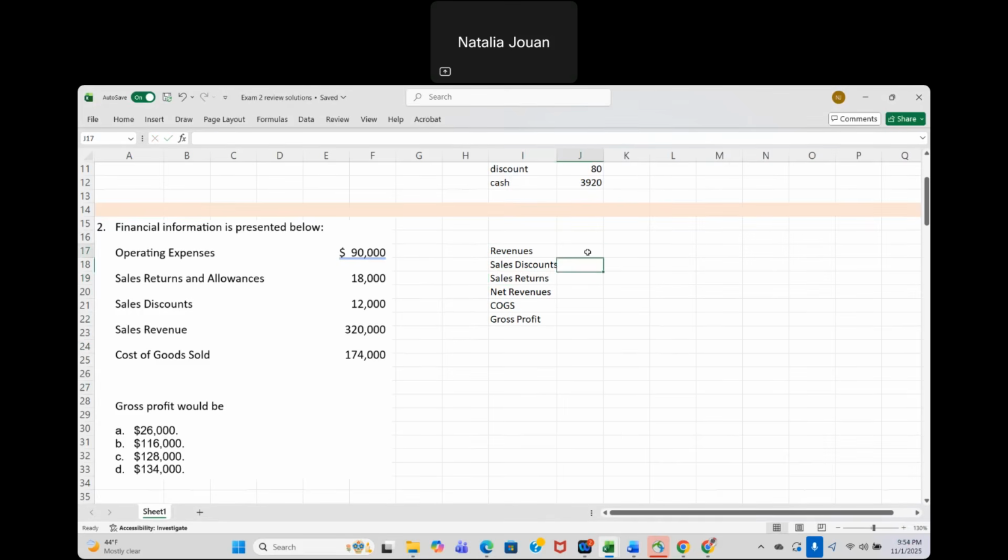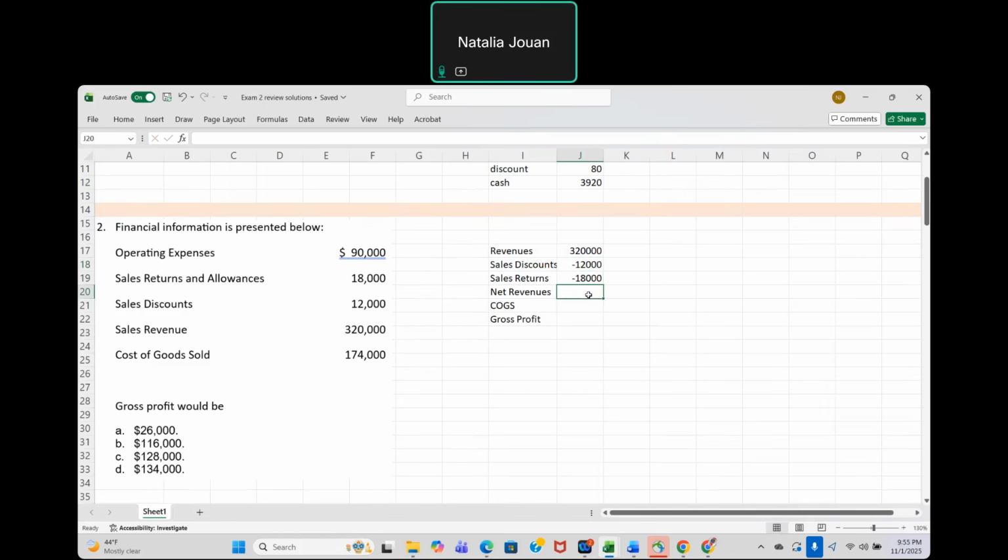Okay, so revenues is 320 and discounts is 12,000 and returns is 18,000. Okay, so these are negatives. So we can say negative 12,000 and negative 18,000.